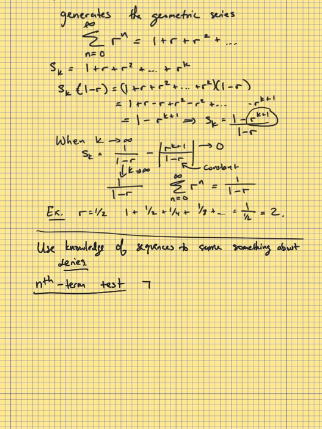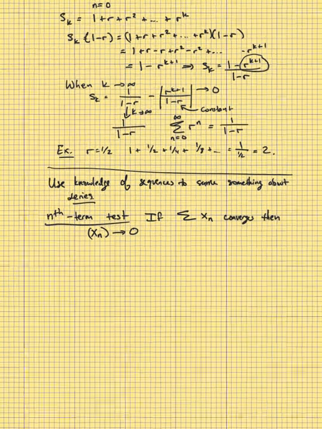Okay, so the first one I said before already, but let's just show this, which is that if the series converges, then the x sub n have to go to 0. Okay, so the terms have to go to 0, and as we've seen, this isn't enough, but it's definitely a necessary condition.